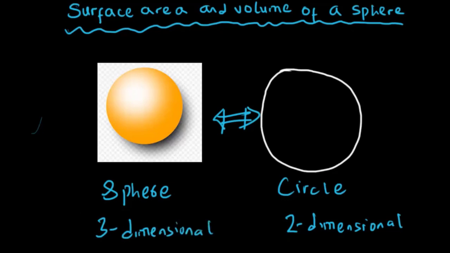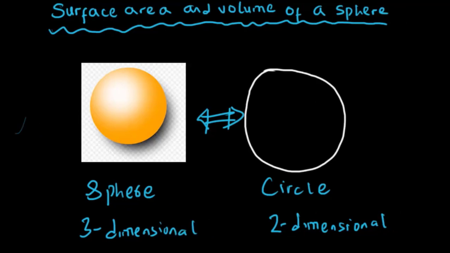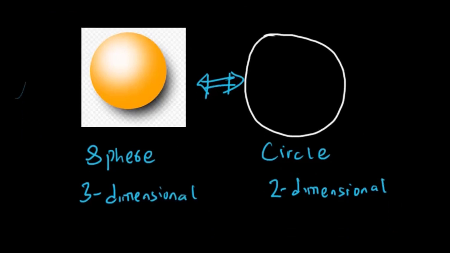So a sphere is not flat, it bulges. An example of a spherical object could be a tennis ball. And obviously I know that you know the earth is spherical in shape. So the earth also is a sphere. Does this make sense? So that's the major difference between a sphere and a circle.